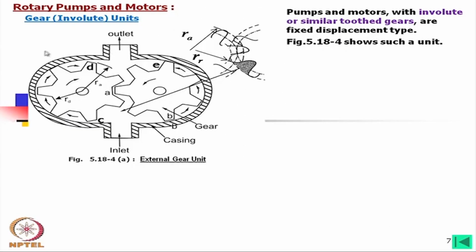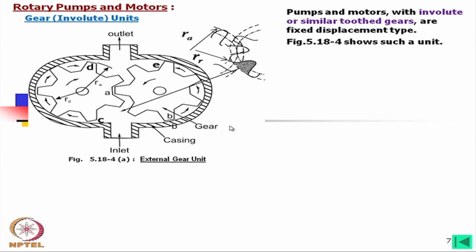Now, this is a gear unit. Here we have shown as if this is a trapezoidal tooth, but this is not used. Usually, the most common is involute, or with some corrections for better performance, it is close to involute, may not be exactly involute, but close to involute.